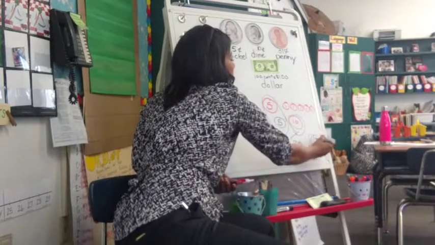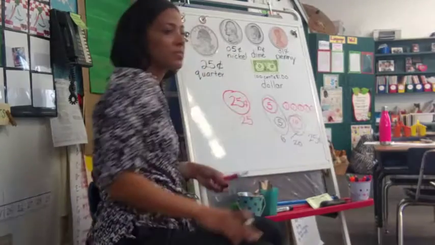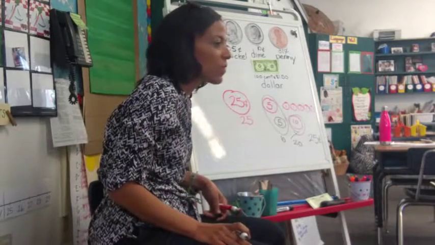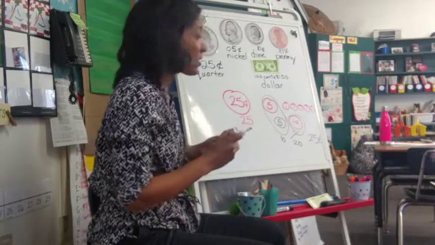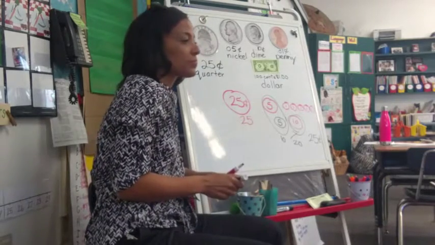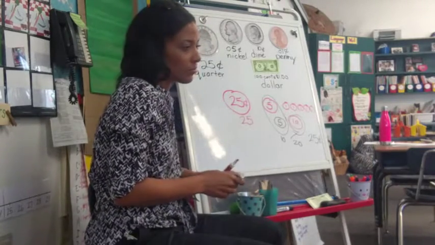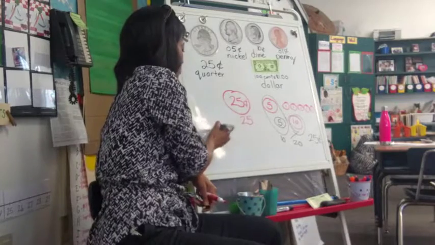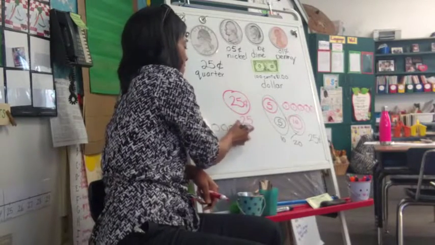Is there another way to make 25 cents? Is there a different way? What about you? How did you represent 25 cents? I did 5 pennies. 1, 2, 3, 4, 5.